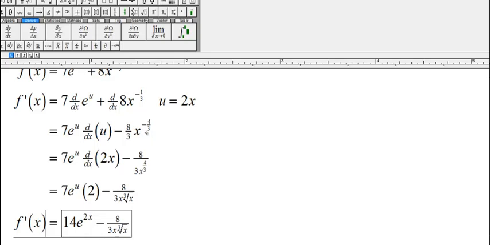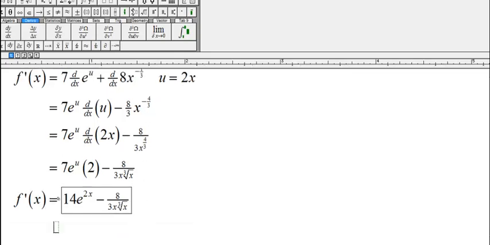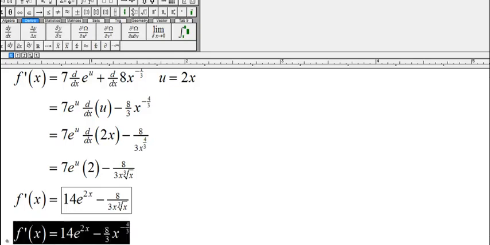Actually, I'm going to think back now and think of the derivative in this form, as 14 e to the 2x, and then I'm going to think of it like we had it here for the other term, when I get ready to do the second derivative.